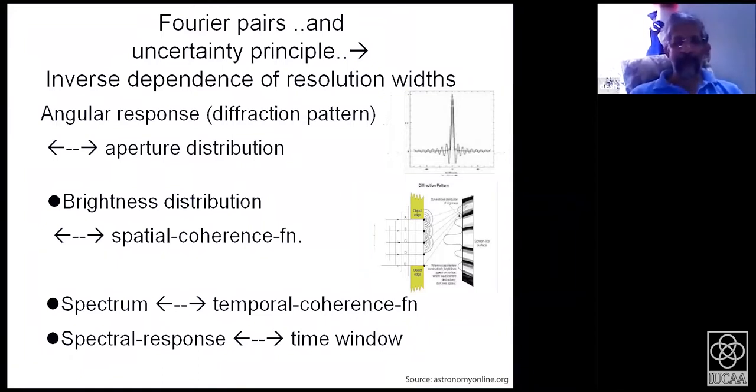You will also find other pairs, which are spectrum and temporal coherence function. Temporal coherence function can also be called autocorrelation function in time, and the spectrum relating to that will be a power spectrum. In general, the spectral response will be dictated by the time window you use, and so the smoothing of the spectrum is decided by the time window.